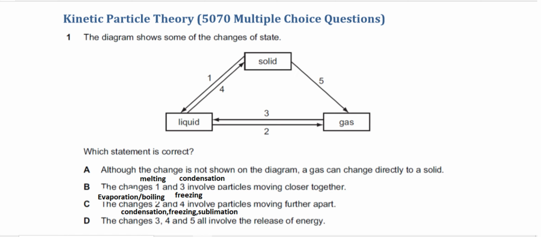Yes, it's correct. And in 5, it says that solid changes into gas. That means energy is being absorbed because it is a sublimation process, and in sublimation heat is being absorbed. So D option is also incorrect. So that is why we have chosen option A, because the change is possible from gas to solid even though it is not shown in the diagram.